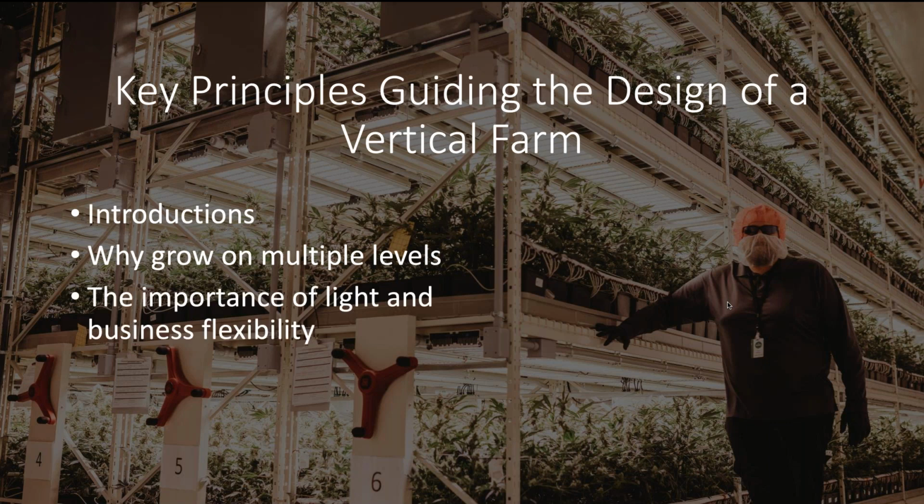And then I want to talk about that key question that's different when you're growing vertically, and what that question is: how many levels should I grow on? The factors that drive the answer to that question come down to light intensity, appropriate light intensity, and business flexibility. And then finally, I'll close with a couple of simple examples that demonstrate those concepts.